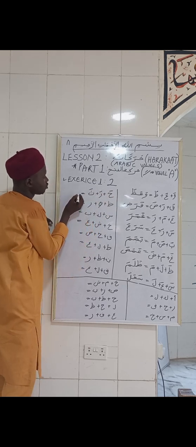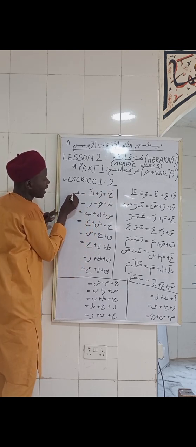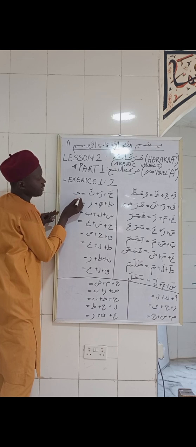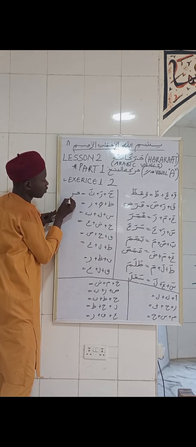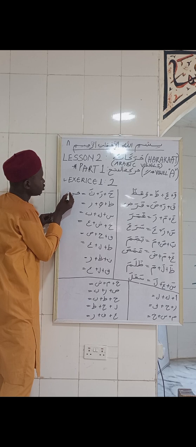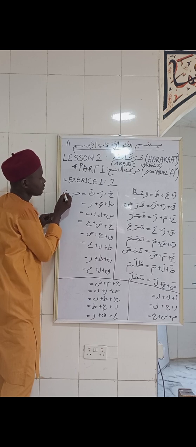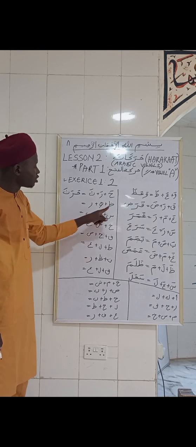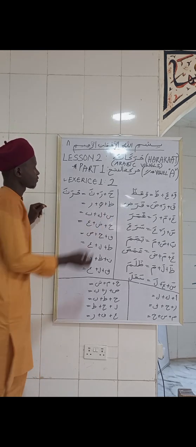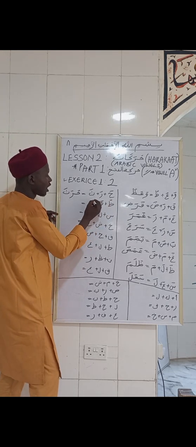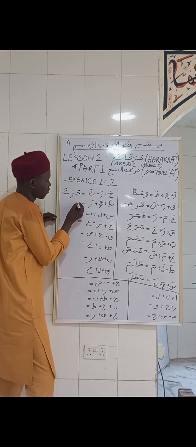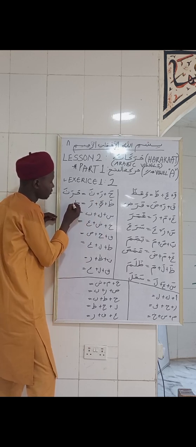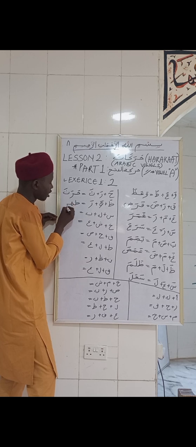So the next one is what? Haraka. So this is how to write ha. Instead of bringing it down, you join it with ra. The ra cannot be joined with kaf. Kaf will stand alone. Haraka. So this one is ba. Ba can be joined with ha. Ha can be joined with ra.